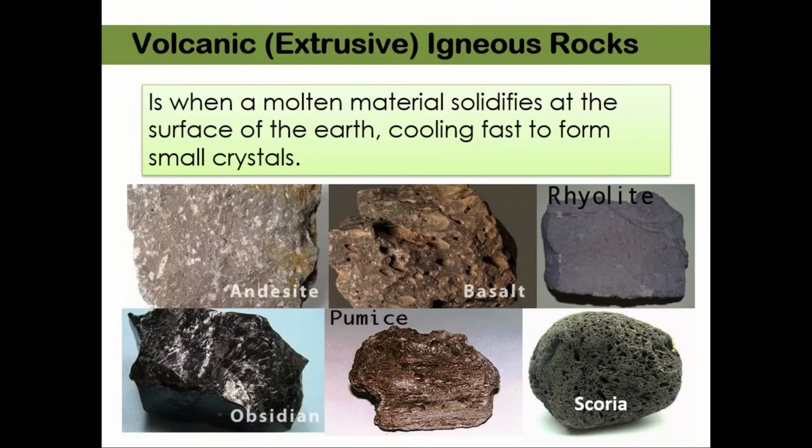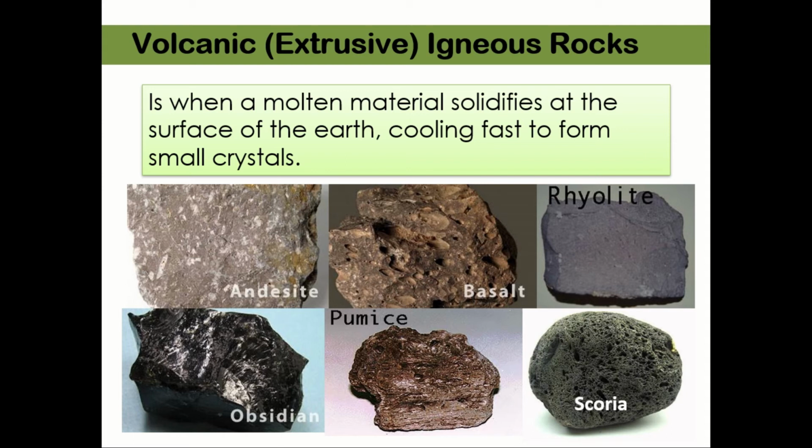Next type is the volcanic or extrusive igneous rock. This is when a molten material solidifies at the surface of the Earth, cooling fast to form small crystals. Basically, its origin is the lava.